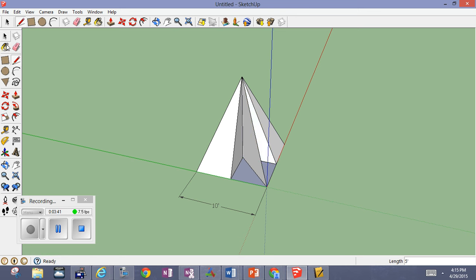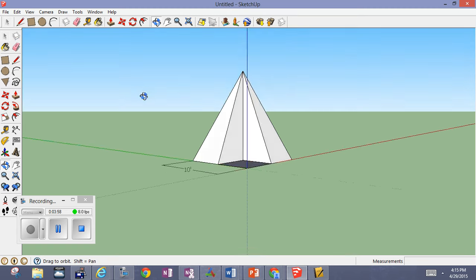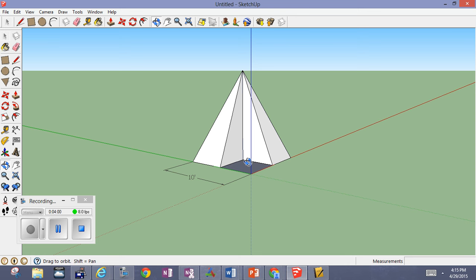This inside piece of the pyramid is what we need to look at. So here it is. Here's our height, which you should know is 12. That height is 12.